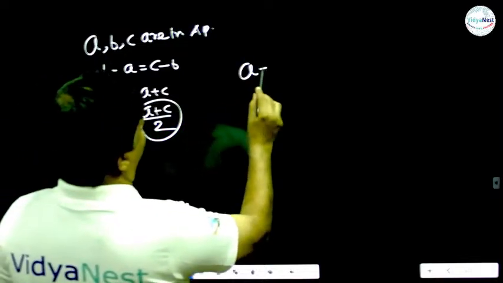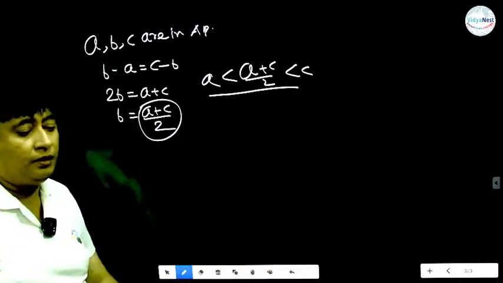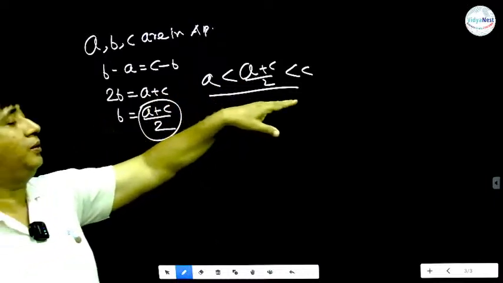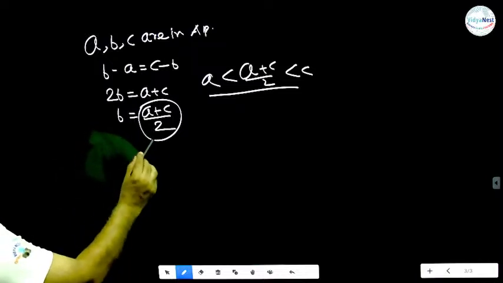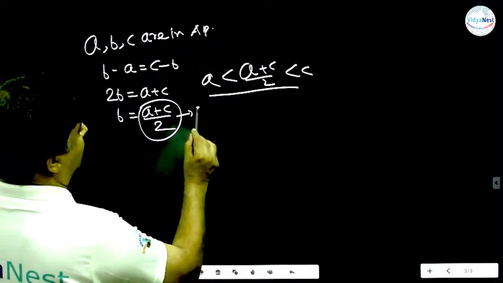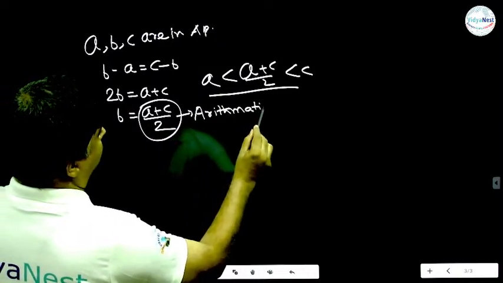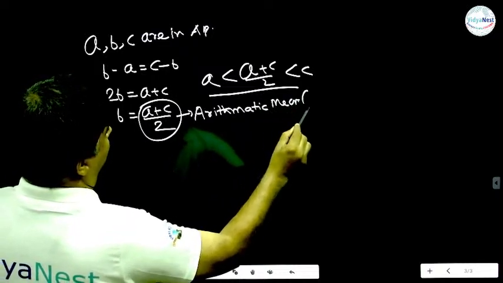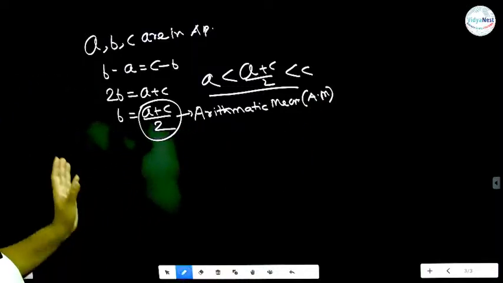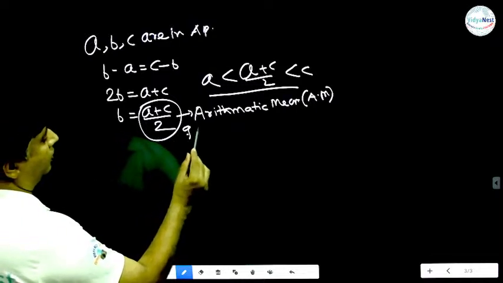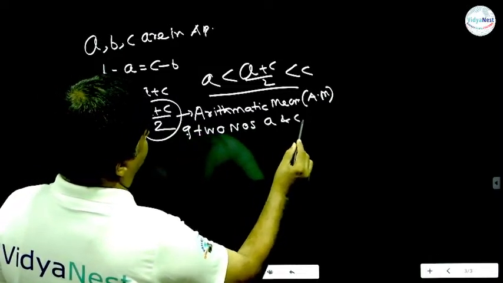Means A plus C by 2 must lie between C and A. A plus C by 2 must lie between the numbers whose mean is to be found. So A plus C by 2 is, and here it is called the arithmetic mean, in short AM, of two numbers A and C.